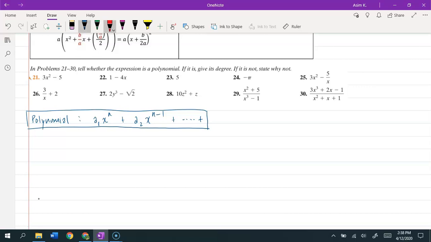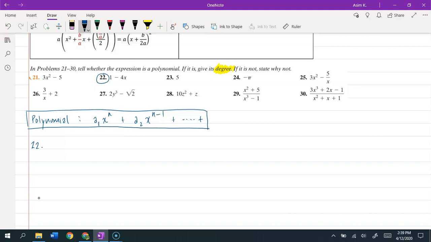And at the end, the hope is that you'll be able to tell very quickly whether something is a polynomial or not. Now, if it is a polynomial, we're also going to talk about its degree. And if it's not a polynomial, of course, we'll talk about why it's not a polynomial. So let's go ahead and start with number 22.